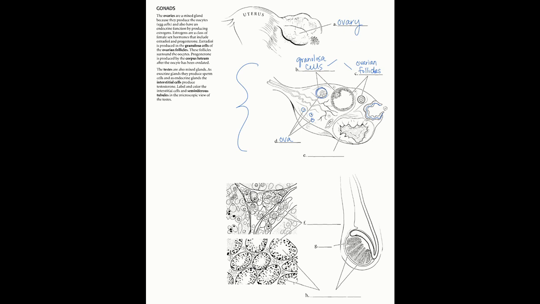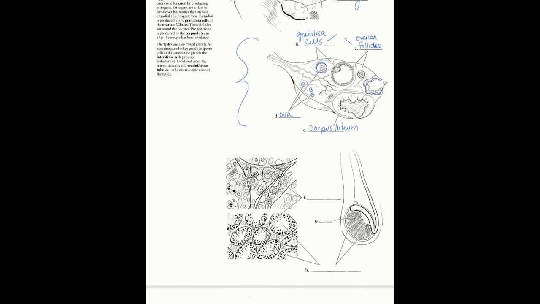And then finally, we have another area called the corpus luteum. And this is also going to produce progesterone. Progesterone being sometimes what's called the pregnancy hormone. You will focus more on that when you complete your research.